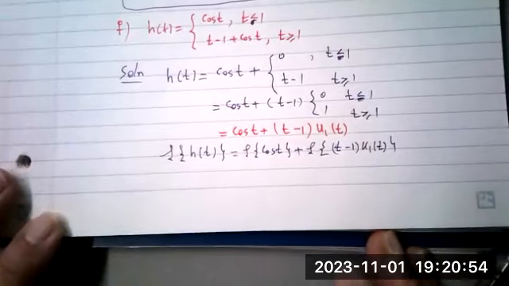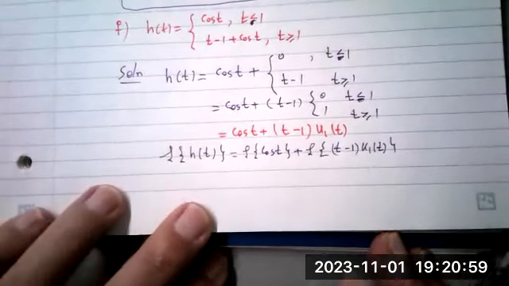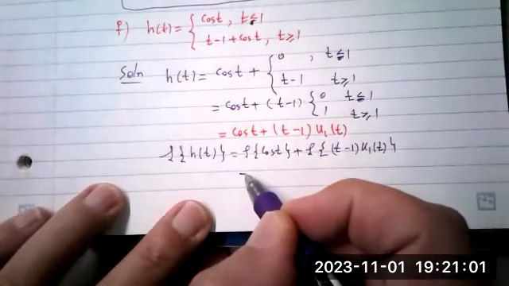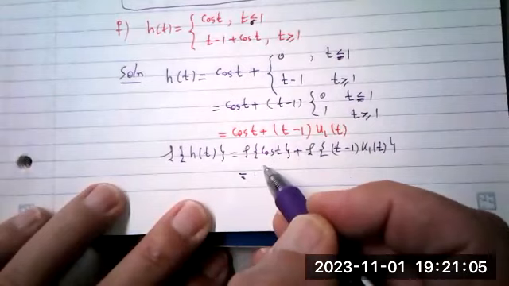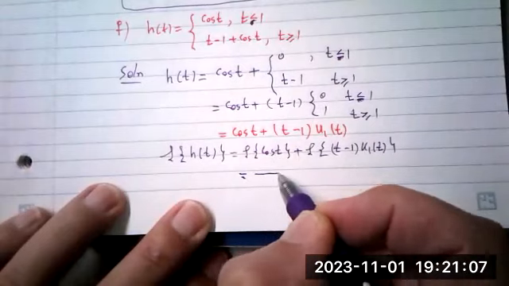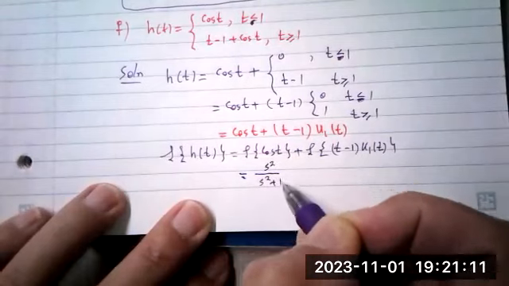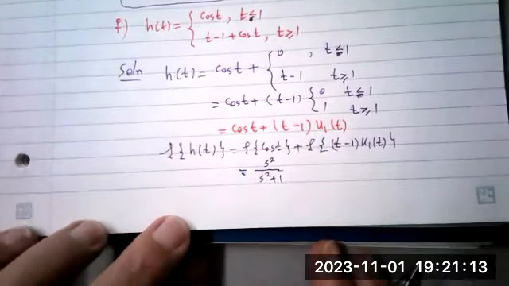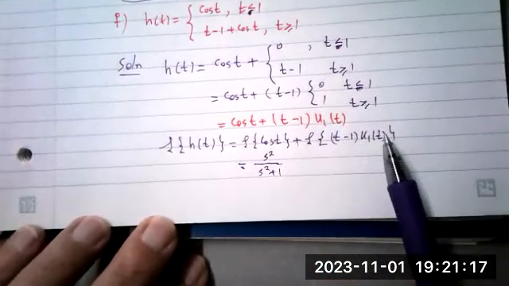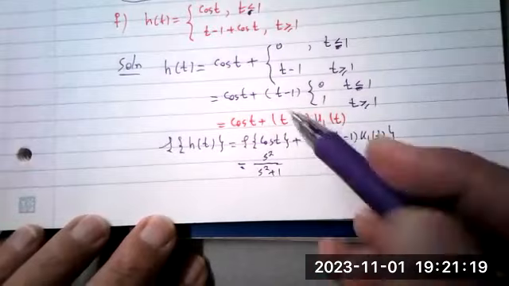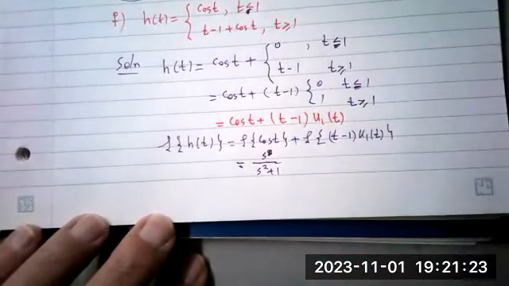Again, the second one is nicely matched, u minus c times uc(t). So the first one, Laplace of cosine. What's the Laplace of cosine? s over s squared plus 1.